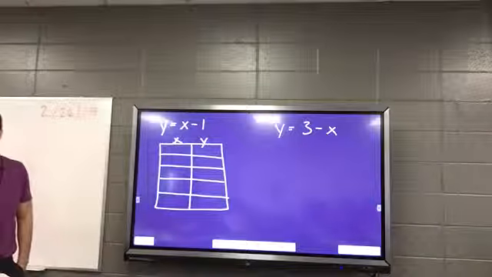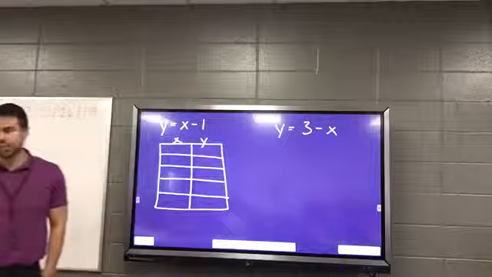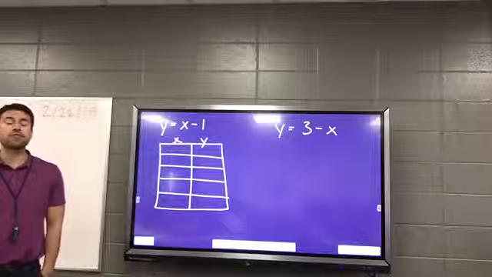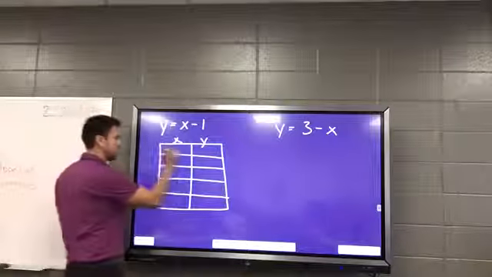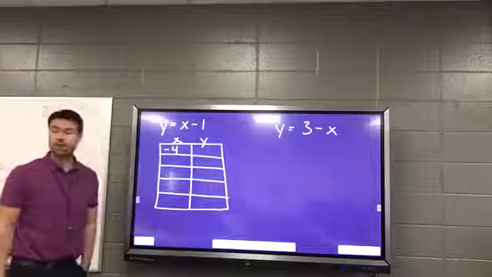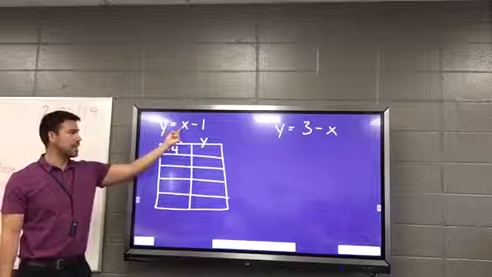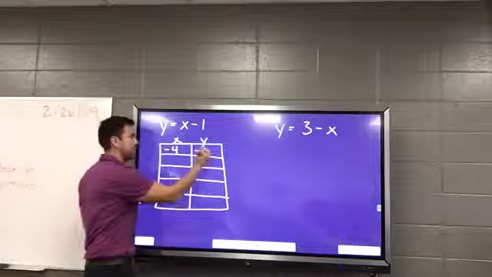And we're going to do it for the first equation. So y equals x minus 1. I'm going to give you some x values, and you have to find me the y values. Let me give you the first x value. If x equals -4, what does y equal? You substitute -4 for x. What's -4 minus 1? -5.